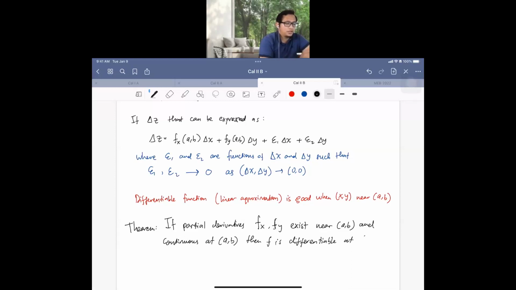So we will know whether the function is differentiable at this point a, b if the partial derivatives exist and are continuous.